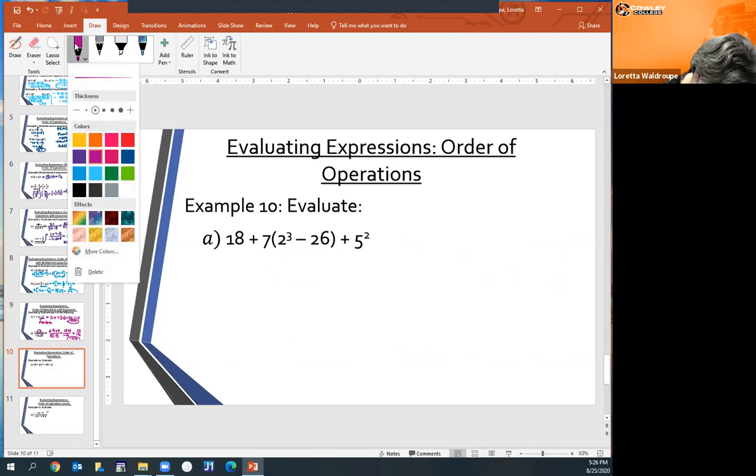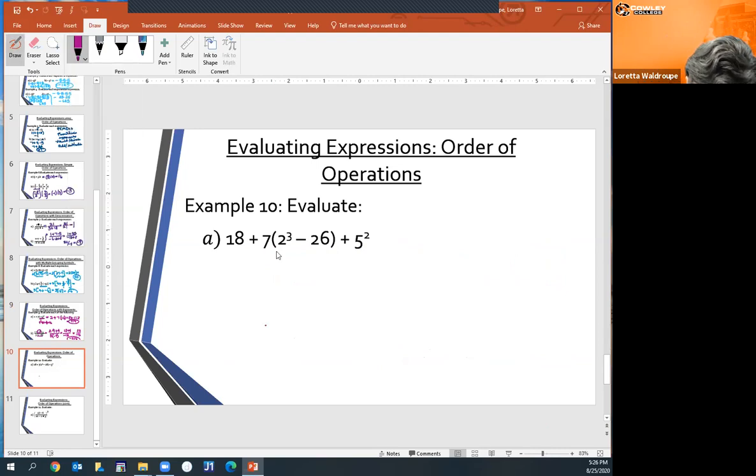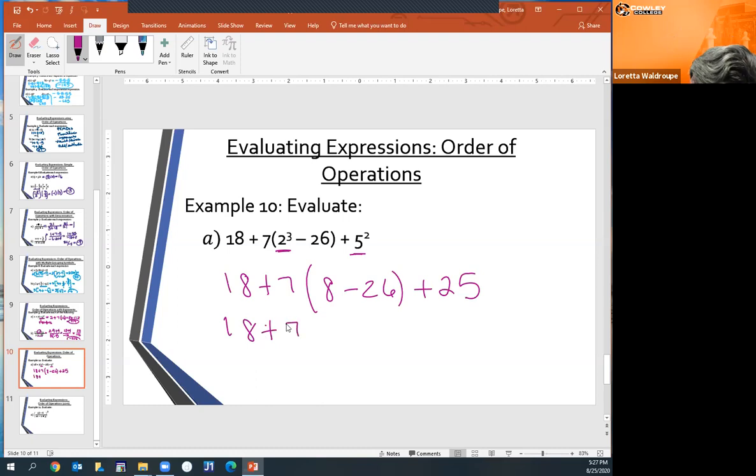Exponents first, because there's nothing I can simplify in the parentheses yet. So 18 plus 7 times 2 to the third is 8. Minus 26 plus, and 5 squared is 25. 8 minus 26 is a -18 plus 25.